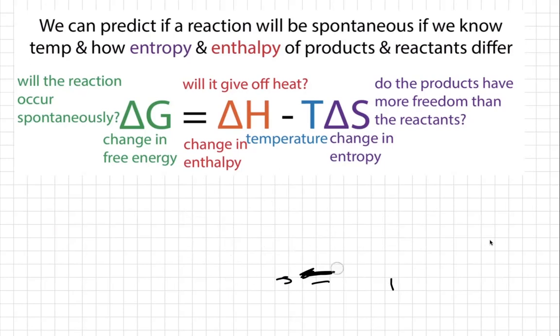But at its heart, the inherent favorability of a reaction is going to come down to changes in enthalpy and entropy. So this delta H is going to be our enthalpy, like our bond strength, our heat, and then our entropy, which is going to be our randomness or disorder.